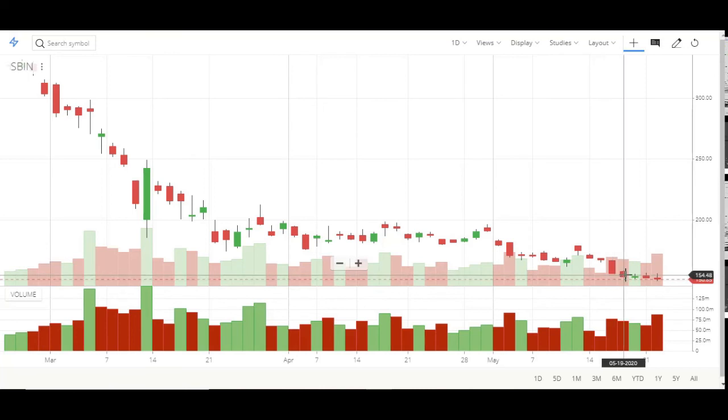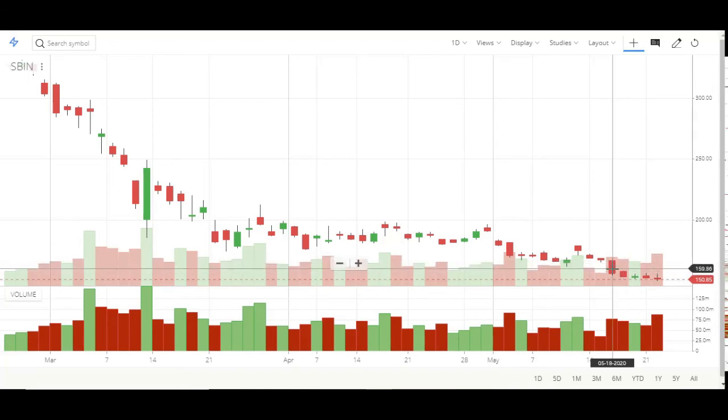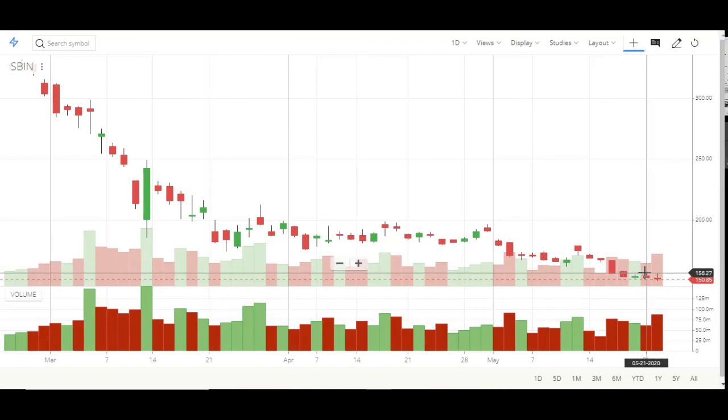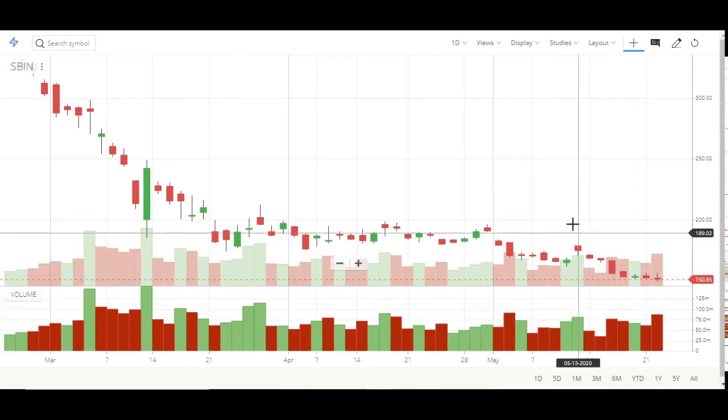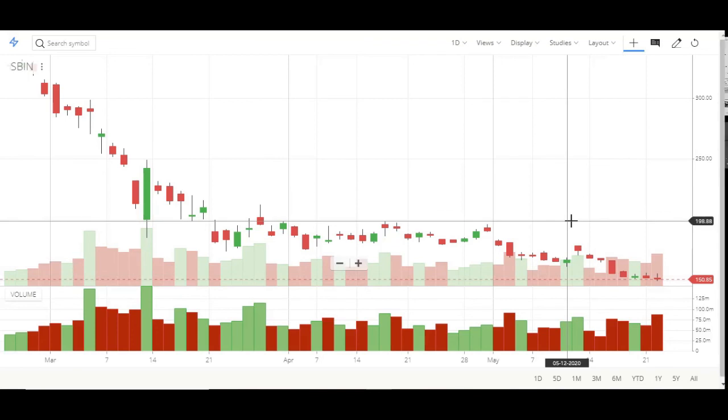Again this is a valid trade, so we go short at the 155 level, maintaining the stop loss at the high of the candle, which is 166, so the stop loss is about 11 rupees. This is the way you can trade based on the bearish Marubozu candle.